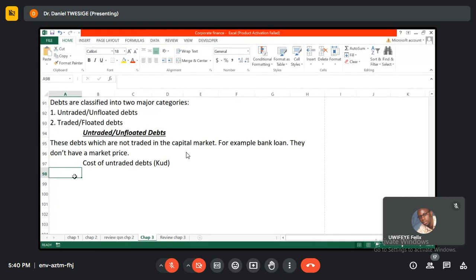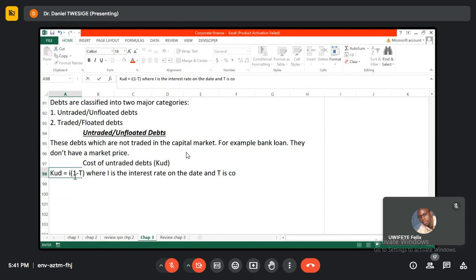Now, when you are looking at the cost of untraded debts, our KUD is going to be equal to the interest rate you are charging on the debt, or the interest rate you are paying on the debt, times 1 minus T, where I is the interest rate on the debt, and the T is the corporate tax.